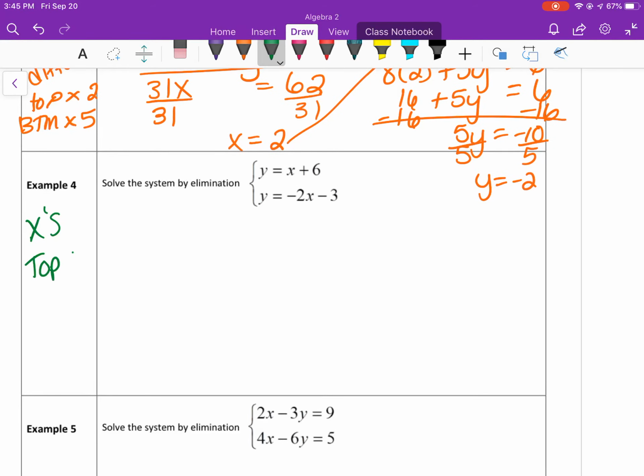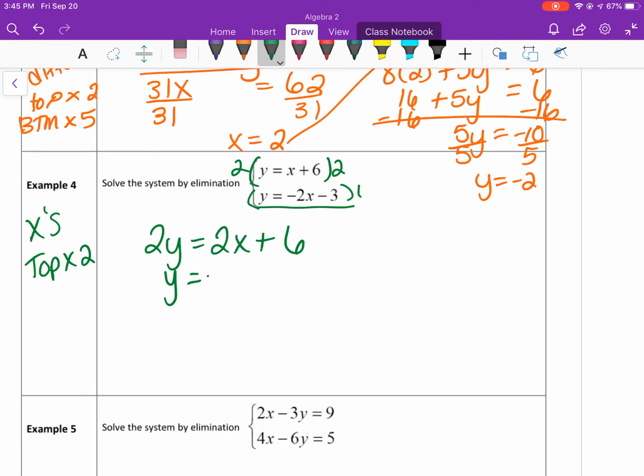So I'm going to take the top equation times 2, and that'll give me 2y equals 2x plus 6. Since I want the bottom equation to stay the same, I can just leave it: y equals negative 2x minus 3. I chose the x's because one was positive and one was negative already.